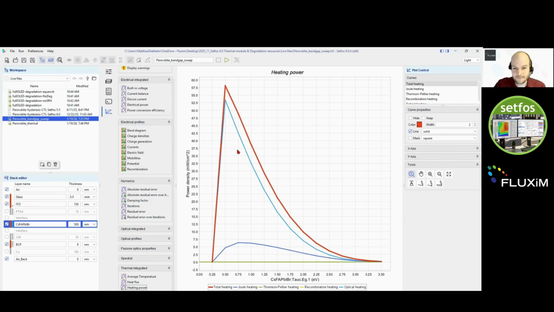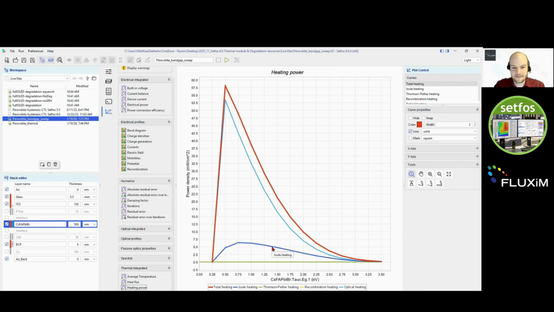Now in this simple model, the biggest part, or in general the biggest part, is the thermalization. But even in the simple model with no recombination heating, for example, we see there is this Joule heating which you cannot avoid, as you need to extract the charges. So there will be some fields, some voltage loss and current.